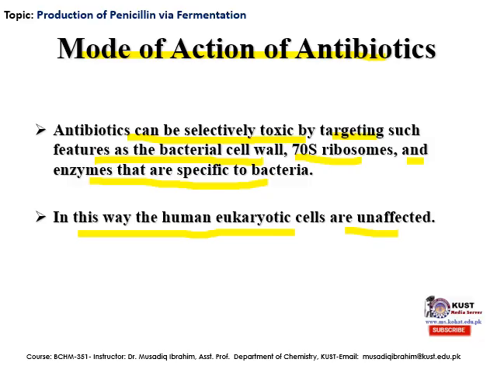So for example, the 70S ribosomes and different enzymes which have a very important role in the metabolism of the bacteria. So this is a good and beneficial thing for human beings, that the antibiotics are not attacking the human cells.